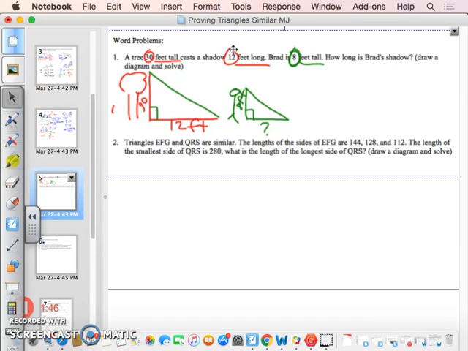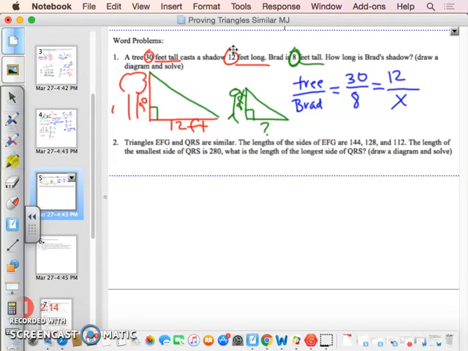I'm going to call this tree over Brad, which is similar to new over old. But now I have an actual figure. The tree is 30, and the side that corresponds is Brad's height of 8. The shadow of the tree is 12, so all the tree stuff goes on top and all the Brad stuff goes on the bottom, and this is x.